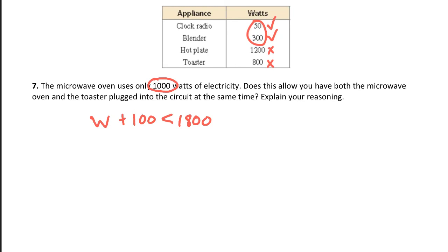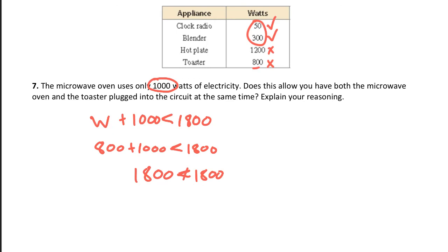Oh, sorry, I wrote 100,000. So does this allow the microwave and the toaster oven? Well, the toaster oven is 800, sorry. Creating 800 plus 1000, that would be 1800. Has to be less than 1800.